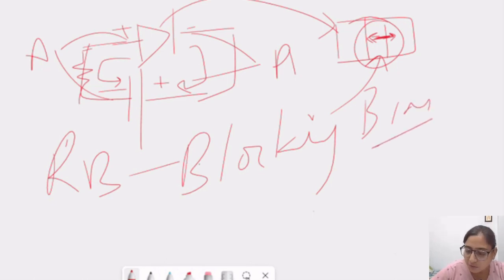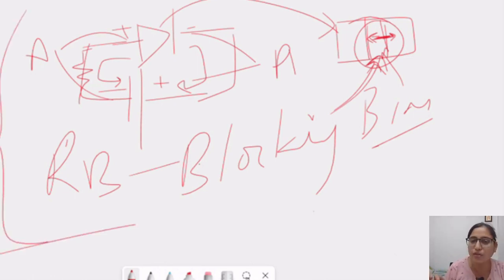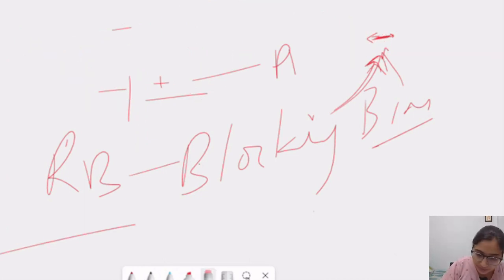Till a particular very high voltage level, when it attains that level, the covalent bonds rupture inside the layer, and we consider this as breakdown of the diode, which we will discuss in another class. But today we will discuss the VI characteristics of reverse bias also. So this is the blocking bias.